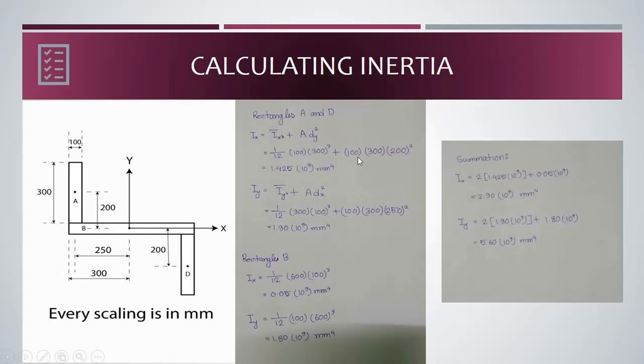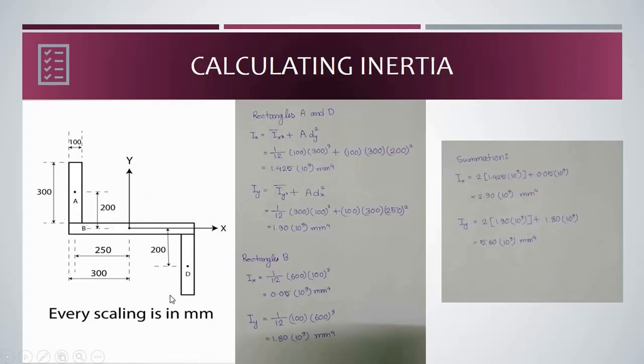Half of 300 is 150 and half of 100 is 50. The summation of 150 and 50 is 200. I have put 200 and squared it. Here we have the result.